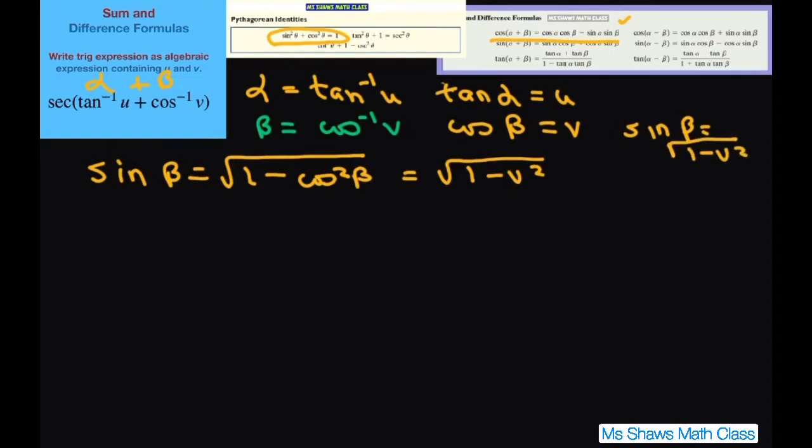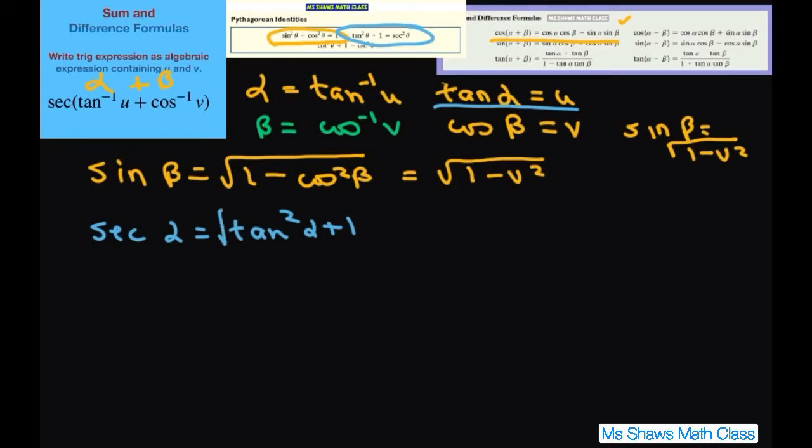Now for this one, we're going to use this identity, and I'm going to use secant squared of alpha equals tan squared of alpha plus 1. Again, if you take the square root of both sides, I get rid of that.